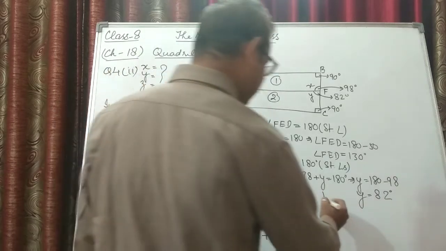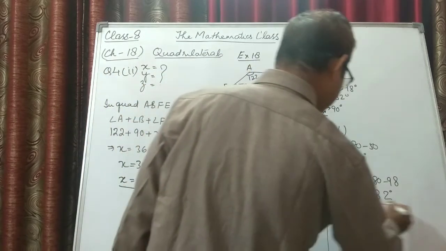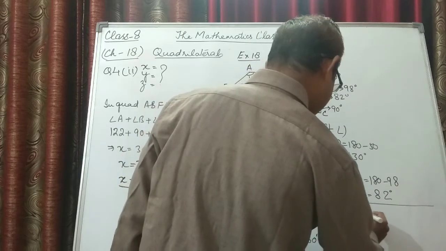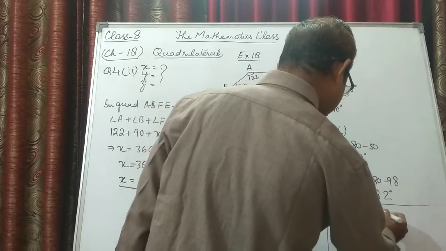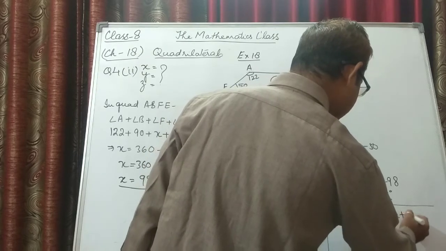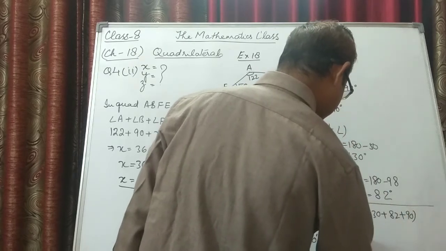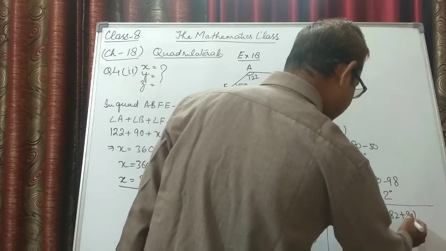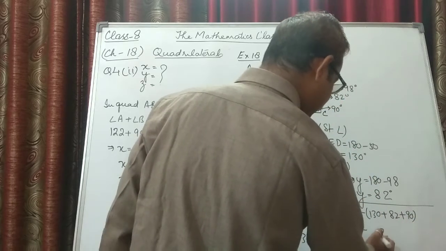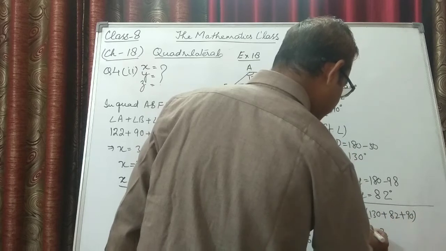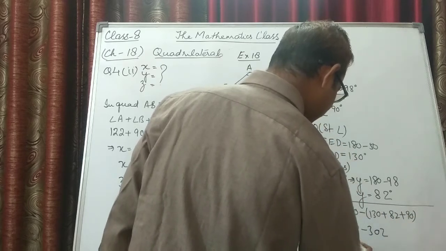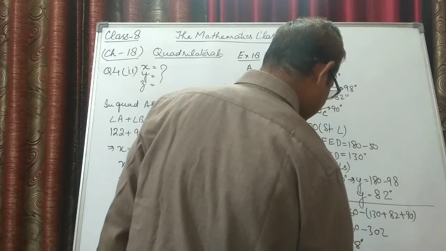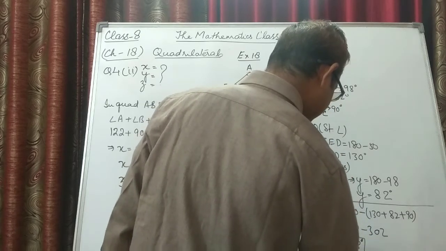So from this we can say Z is equal to 360 minus 130 plus 82 plus 90. So this will be 360 minus 302. 360 minus 302 is 58 degree. 10 minus 2 is 8, 5 minus 0 is 5, Z is equal to 58 degree.